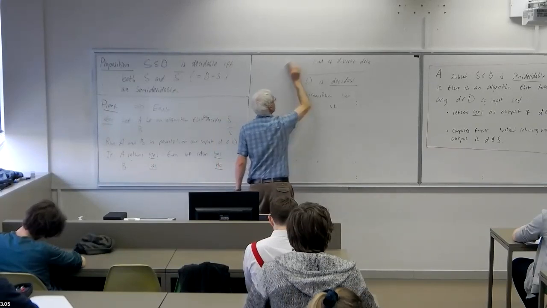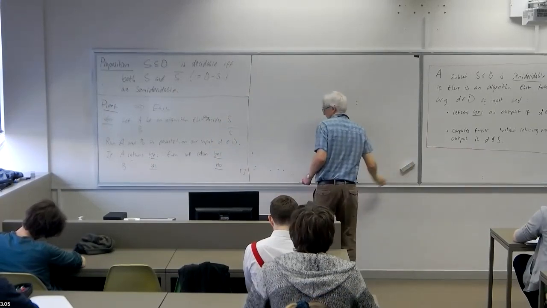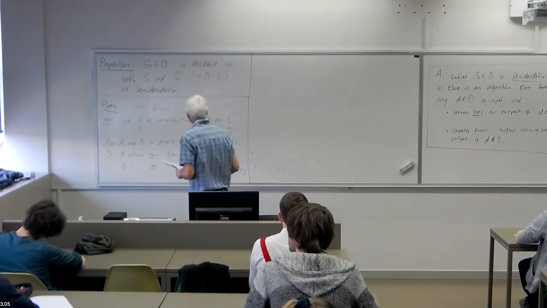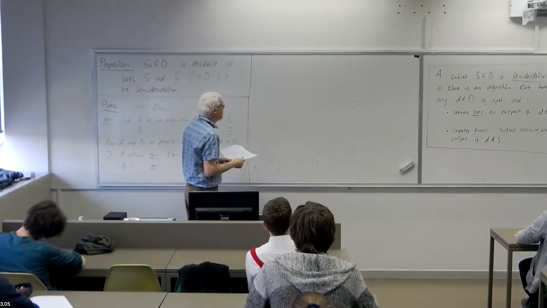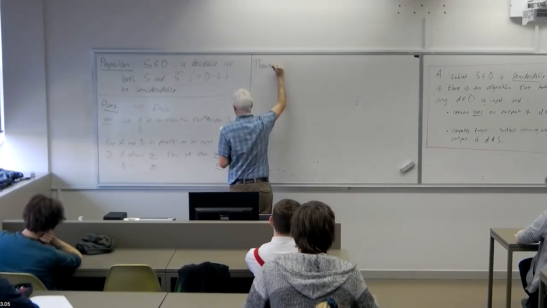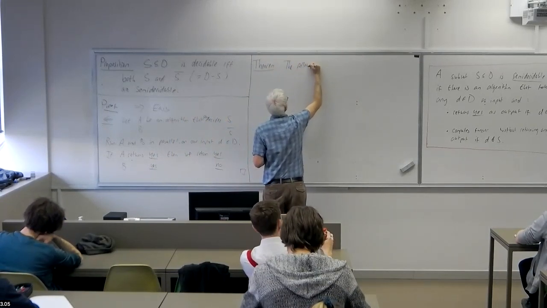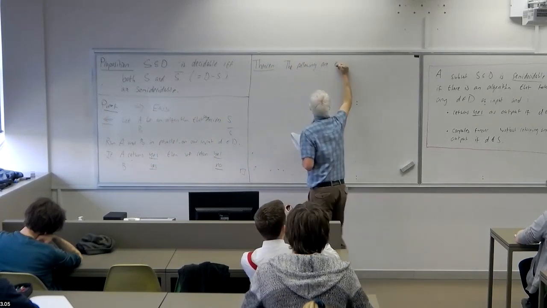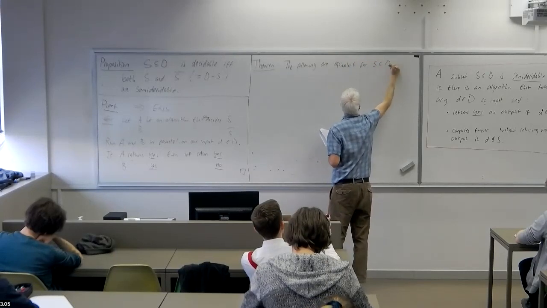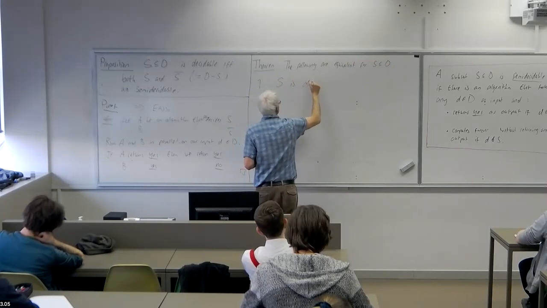The last thing I want to do is just mention a result about semi-decidable sets that characterizes them. So let's call this a theorem. That's what my notes say. So the following are equivalent for a subset S of D. The first one is S is semi-decidable.